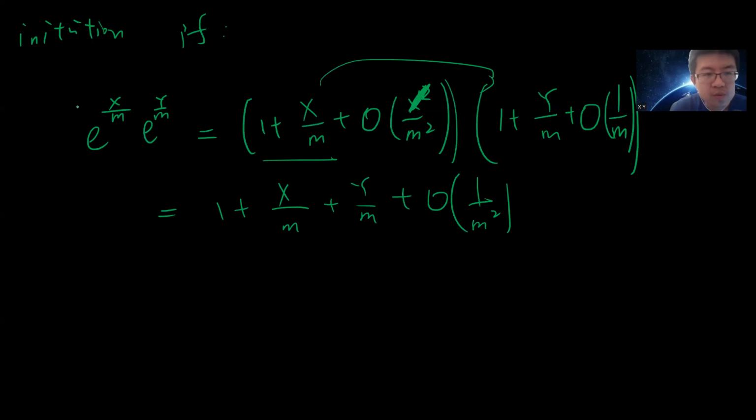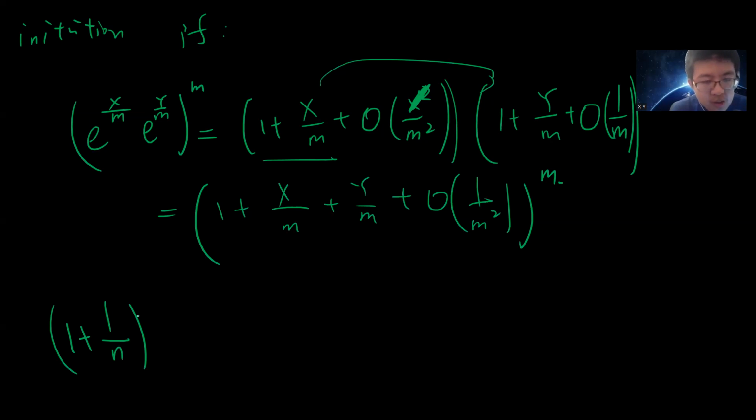Then you go to the power m. Recall from calculus that 1 plus 1 over m, to the power m, as m goes to infinity, gives you the exponential. This is equivalent to the Taylor expansion of exponential x.